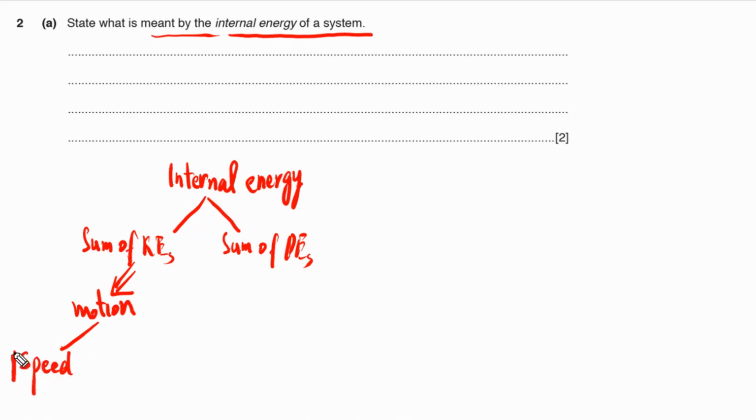If the molecule speed is greater, it simply means that kinetic energy is higher. And if the speed is lower, kinetic energy will be lower. Kinetic energy of molecules we can also judge by the temperature of the system. If the temperature of the system is higher, it means kinetic energy of molecules is higher.